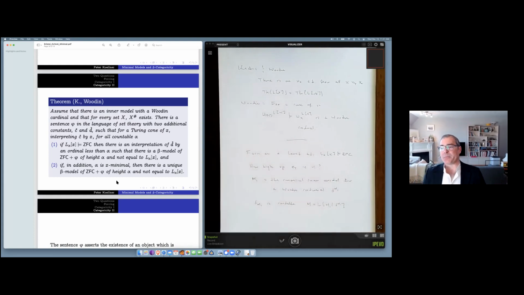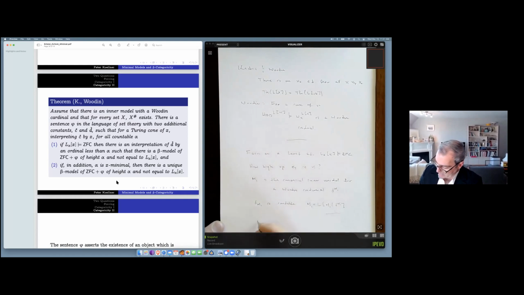Okay, so it's got this extender sequence up to delta, witnessing that delta is a Woodin cardinal, and then after that it's just L. So this is a countable object, and M1 is uniquely constructed from it.